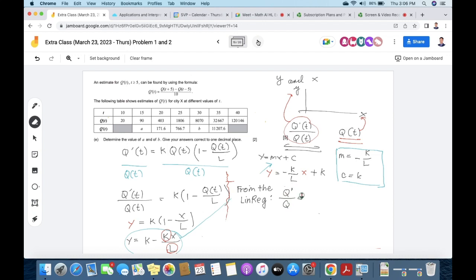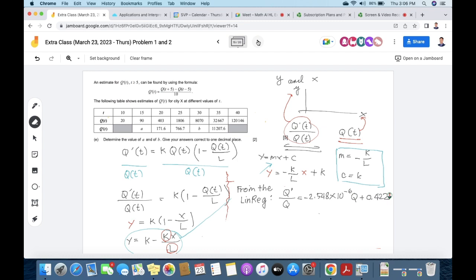Anyone? Do you have the equation already? Joel, can you tell me? Negative 2.548 times 10 to the power of negative 6 Q. Okay, I'll just use the word Q. Plus.